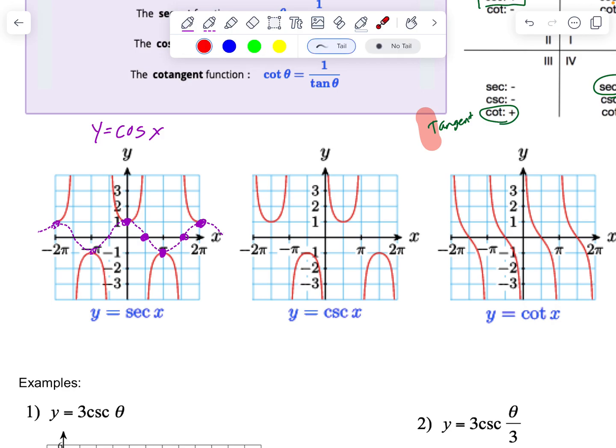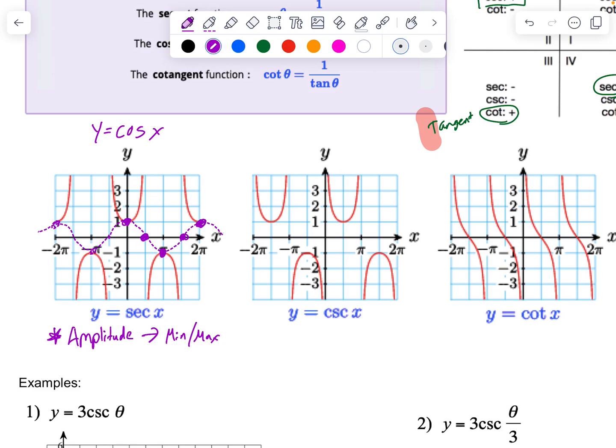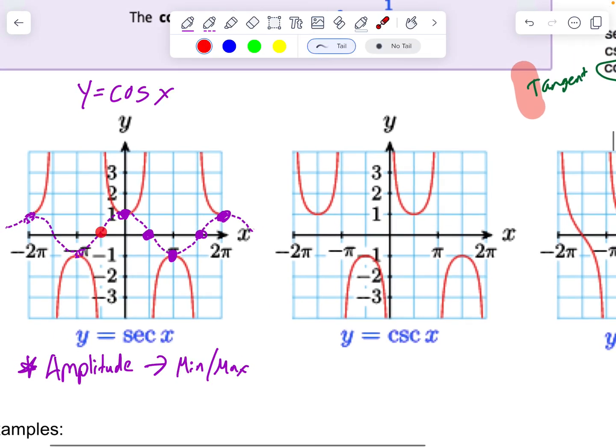So one thing I want you to take note of, look at all of your min and max for cosine. Look at those 3. So it turns out your amplitude switches from min to max or max to min. Let me explain that here. You look here. This right now is a max for the cosine graph.